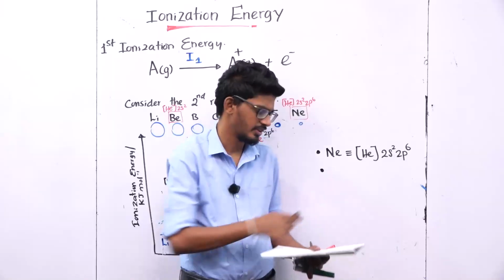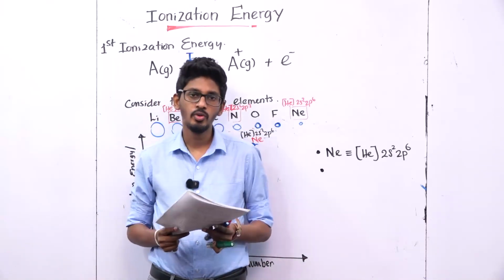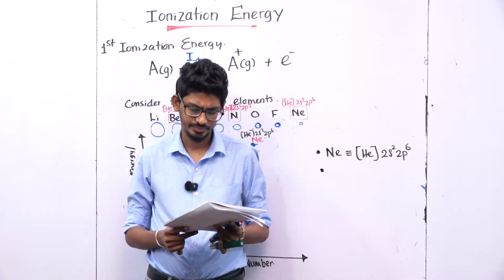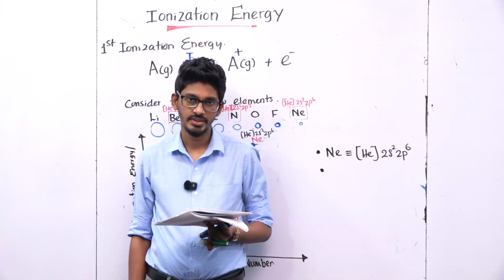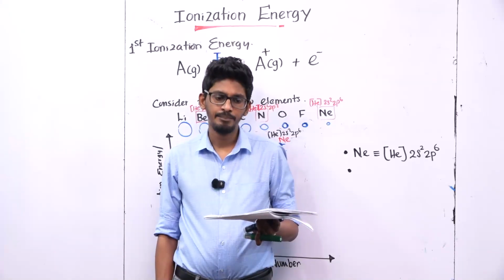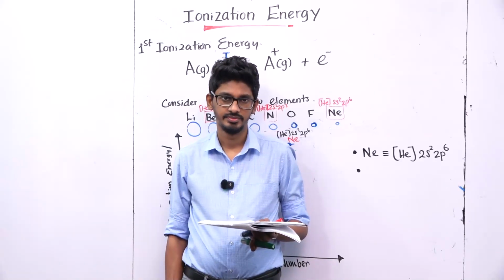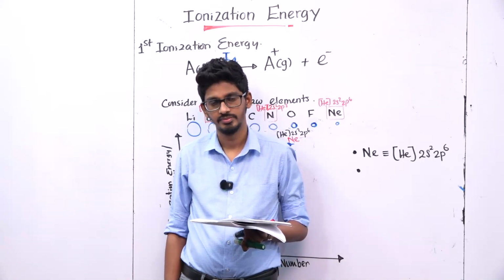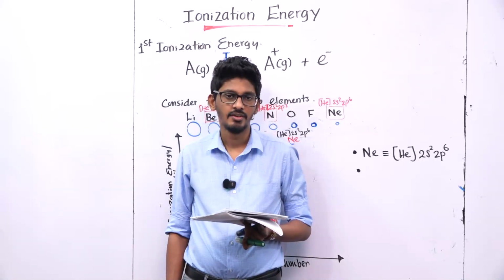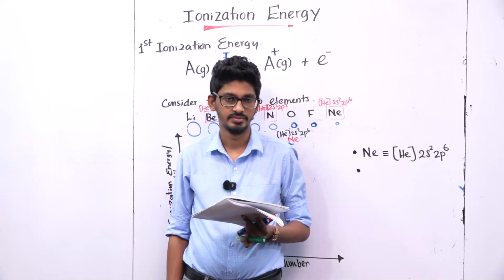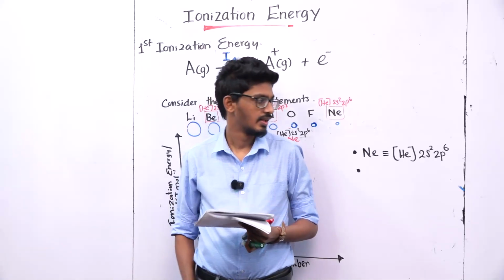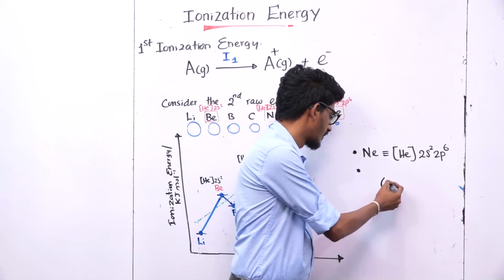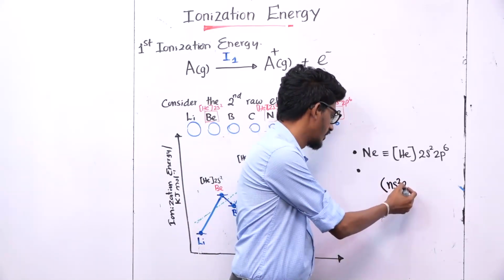At the second point, just write removal of an electron from a completely filled subshell. You can write within brackets ns2 np6.